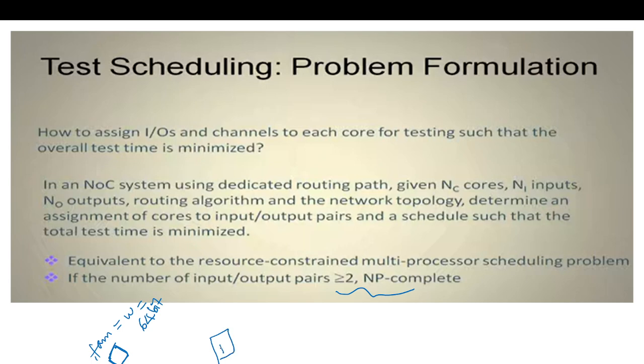Now, we have a router, a link, and another router. This link is, say, 32-bit, 64-bit, or 128-bit, and it is connected to a core, and this core has a fixed wrapper design.